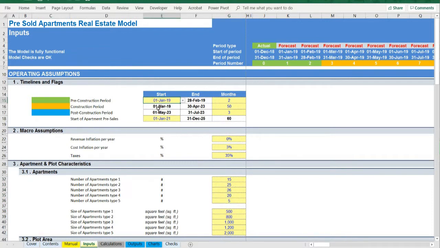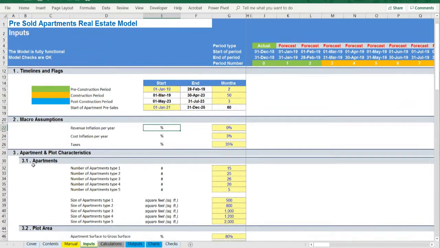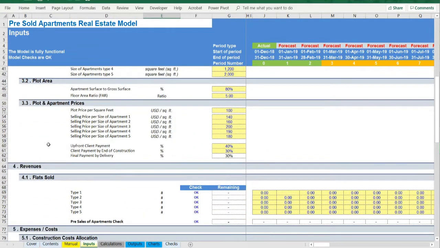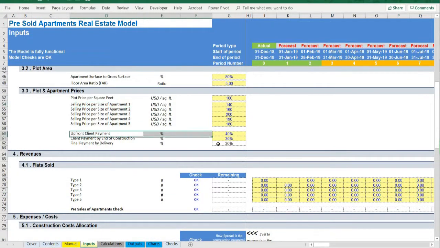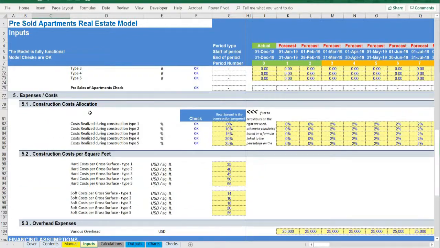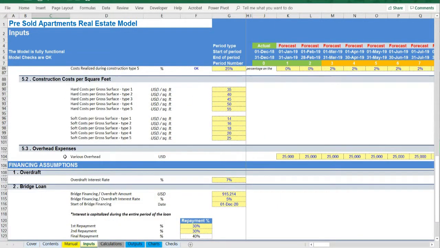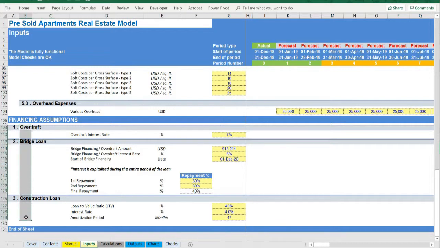So effectively you can adjust a set of detailed inputs for pre-construction, construction and post-construction period, inflation, taxes, apartment and plot characteristics, number of apartments and size, floor area ratio and apartment to gross surface, plot and apartment prices per square feet as well as the installments schedule paid by the buyers/clients, timing of apartments sold, construction costs allocation, construction costs per square feet, overhead expenses, and debt financing assumptions. Overdraft, bridge financing, and construction loan, such as interest rates, repayments, and loan-to-value ratio.